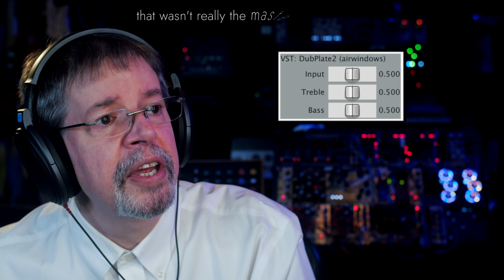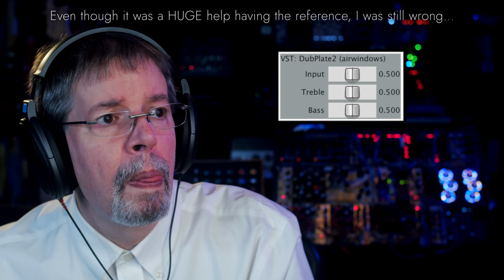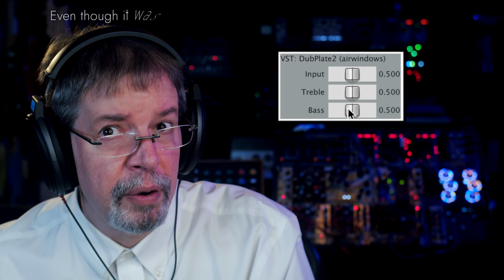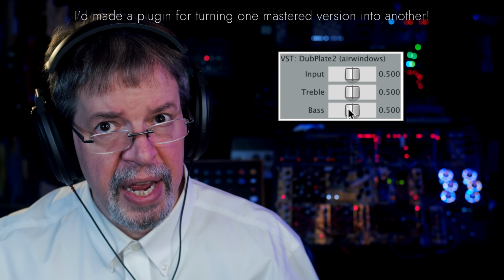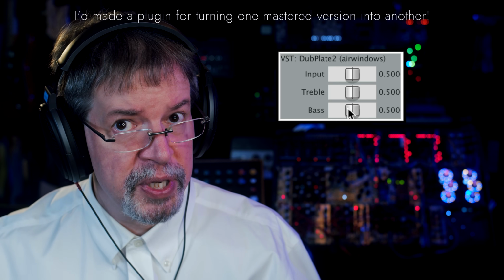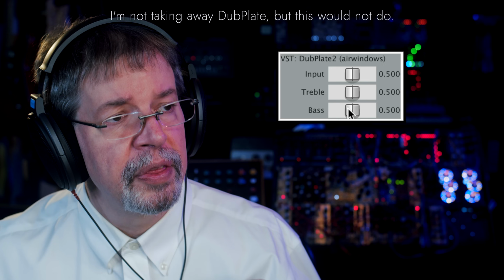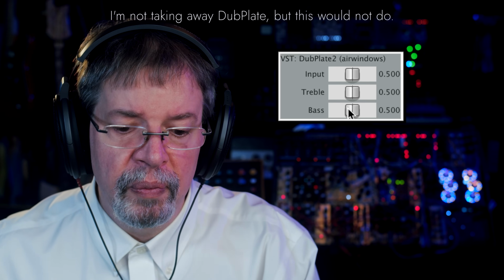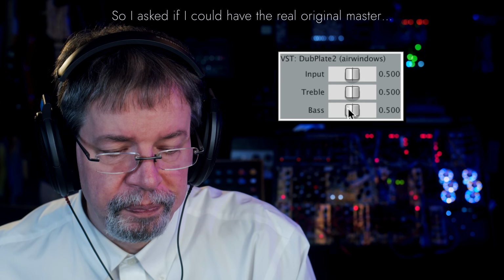And so what we have here is Airwindows DubPlate2, and we've got some controls built into it now to more or less replicate what that DubPlate house had. Not in any really specific way, but the idea is to be able to do the basic processing that you might need to do if you're being given weird audio from somewhere.